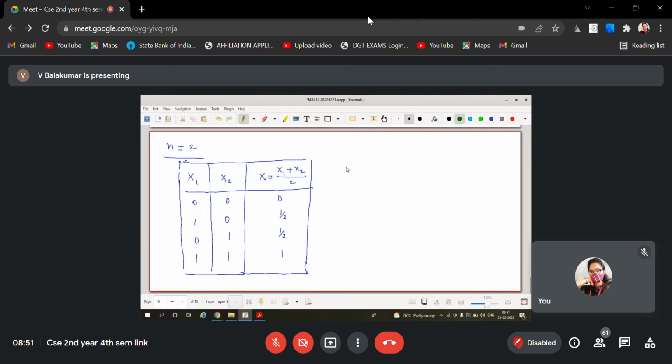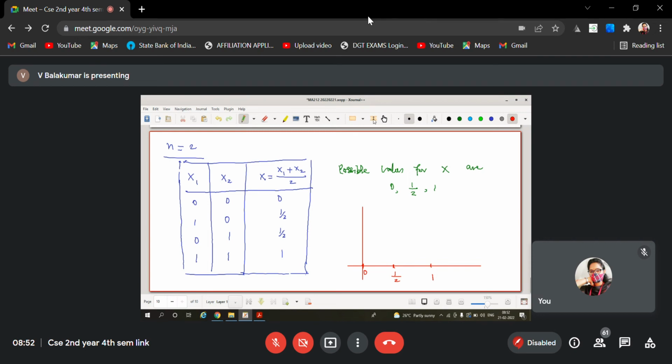Let me observe the possible values for capital X. What are the possible values? 0, 1 by 2, 1 by 2, and 1. Only 3 values are possible. Suppose I want to draw the picture of the probability distribution, this is 0, this is half, this is 1.